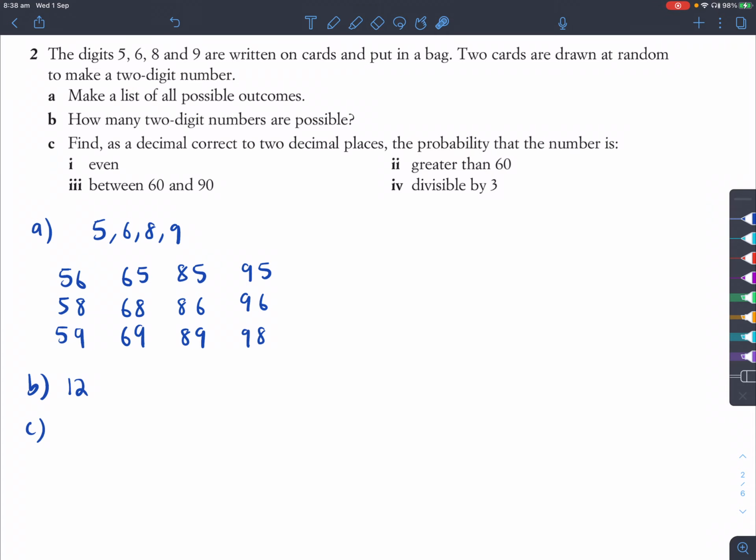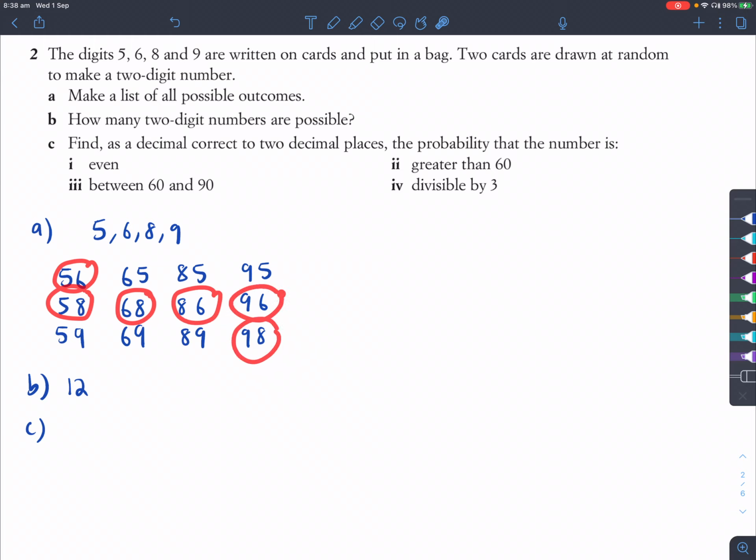So if it's even, that means the last digit or the second digit has to be a number divisible by 2. So it has to be one of 0, 2, 4, 6, 8 as the last digit. So the ones that I have to include would be these 2, okay, because 6 and 8 are even. 68 is even, 86 is, 98 is, and 96 is.